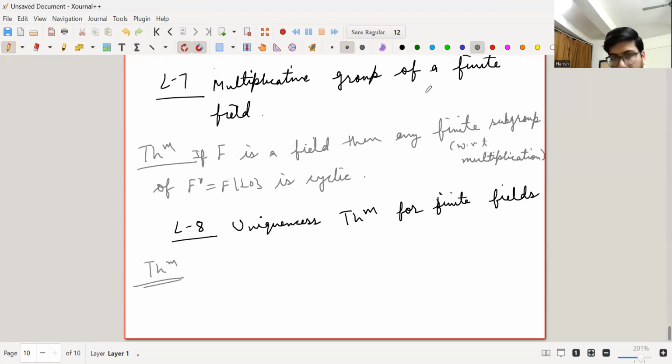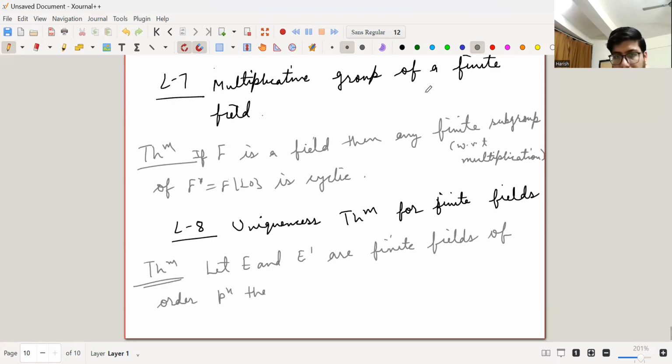So this says that let E and E prime be finite fields of order p raised to n, then there exists an isomorphism of field extensions.